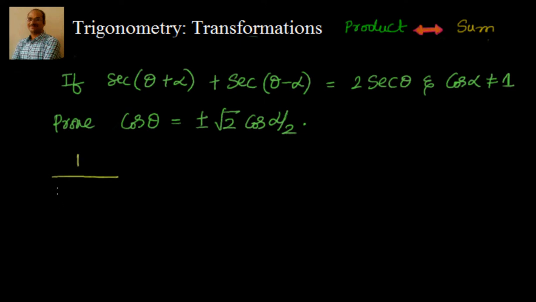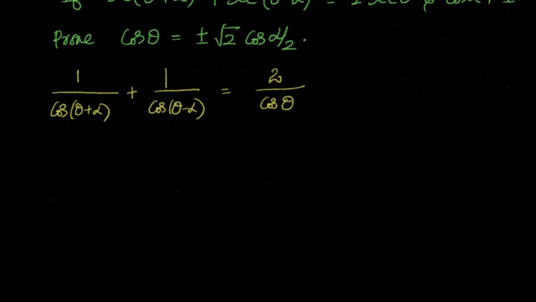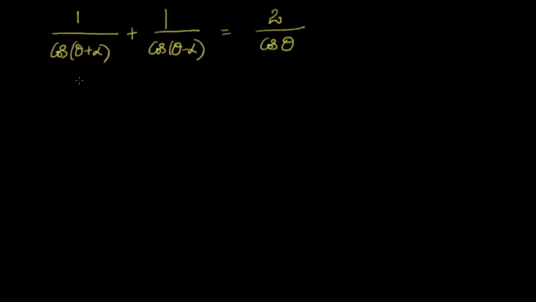I will say 1 by cos of theta plus alpha plus 1 by cos of theta minus alpha. I have converted everything into cos now. Let us see what happens now.